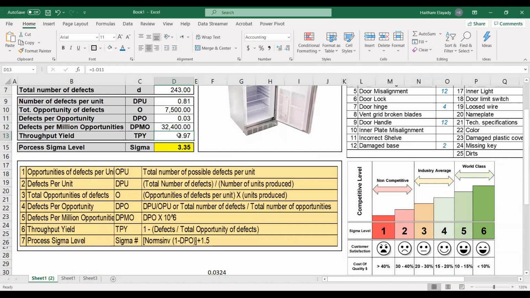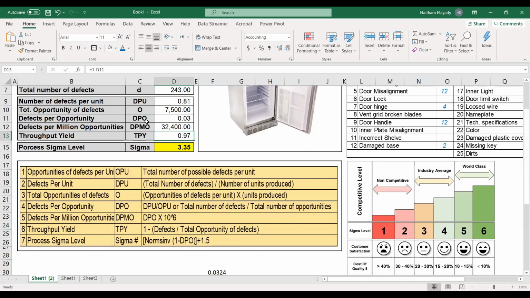And then we have the TPY, which is the throughput yield. You can calculate it as 1 minus the DPO directly. Here it's mentioned as 1 minus the defects divided by the total opportunities of defect, which in fact is the same as the DPO.